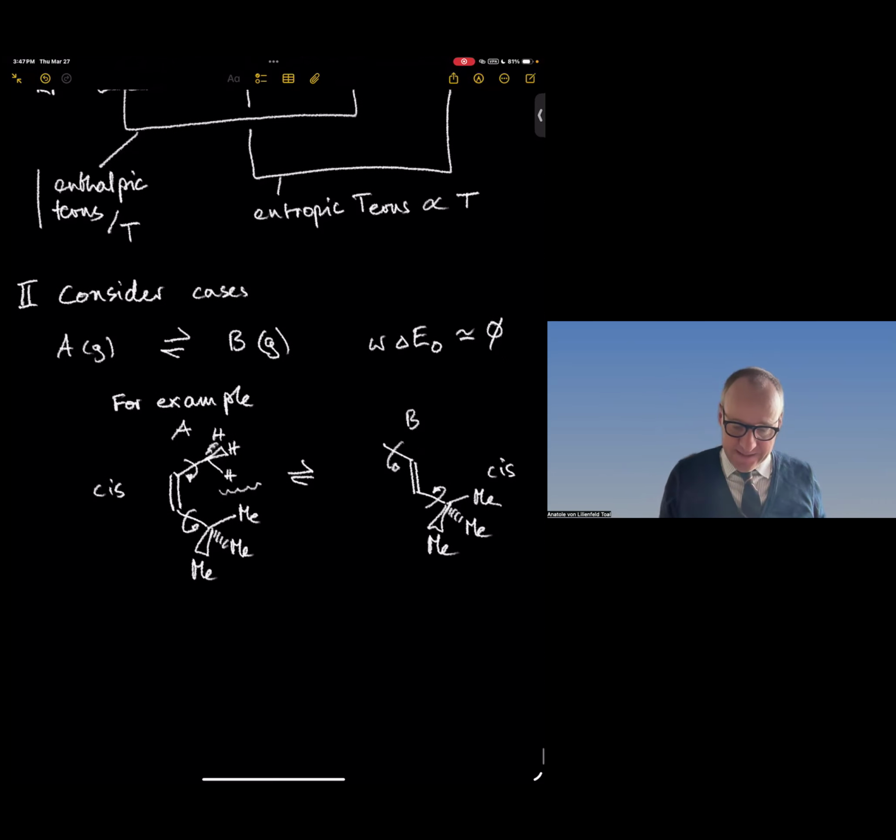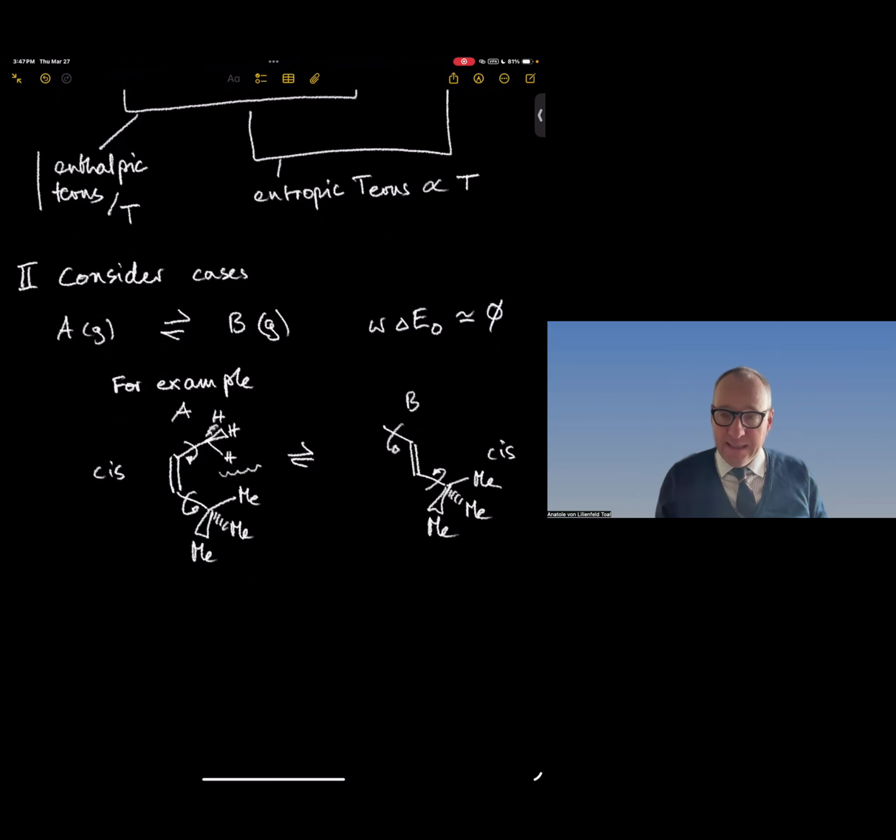So what this means is the free rotation leads to much more microstates.